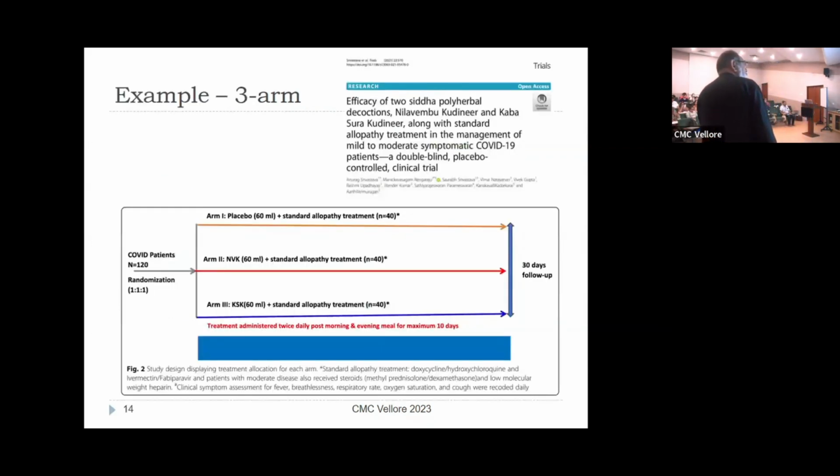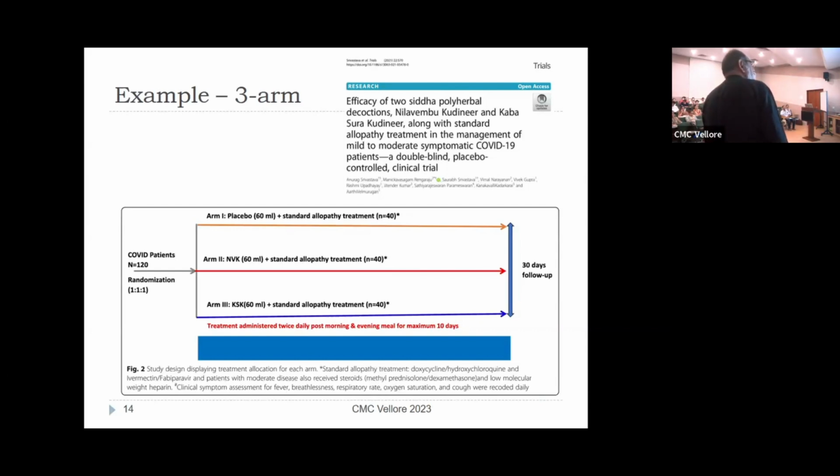Here's an example of 2 Siddha polyherbal decoctions. I'm not going to say the names, along with standard allopathy treatment in the management of mild to moderate symptomatic COVID. It was a double-blind, placebo-controlled clinical trial. So arm 1 was the placebo plus the standard allopathy treatment.